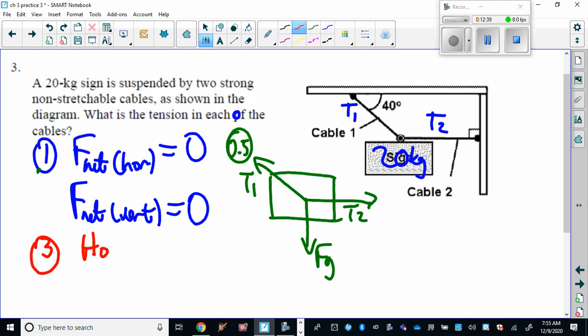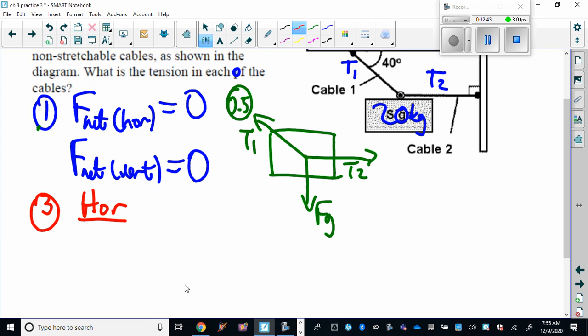So horizontally, what's our net force going to be? Let's look at our free body diagram. Well, clearly, this is horizontal, so let's start there. F net, which we know is 0, equals all of T2. All of T2 is horizontal. What's the other horizontal component?